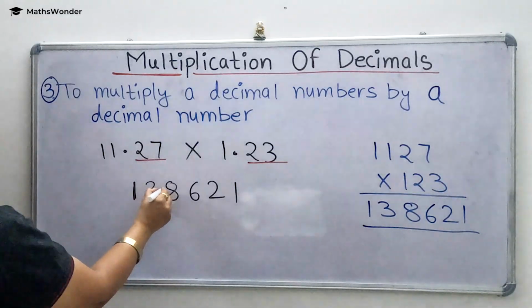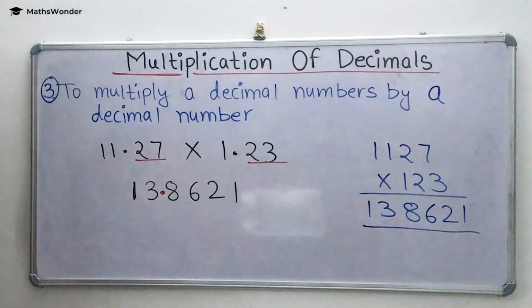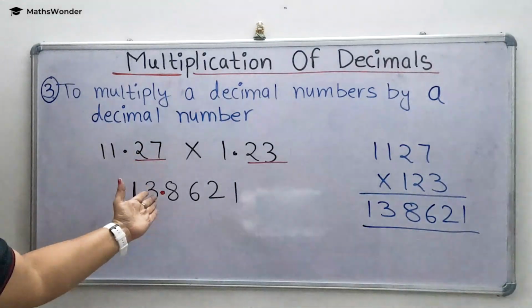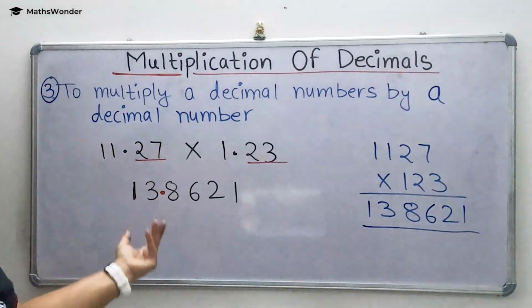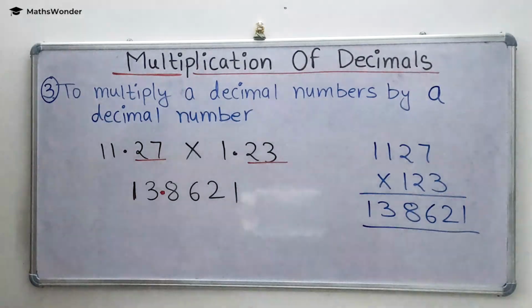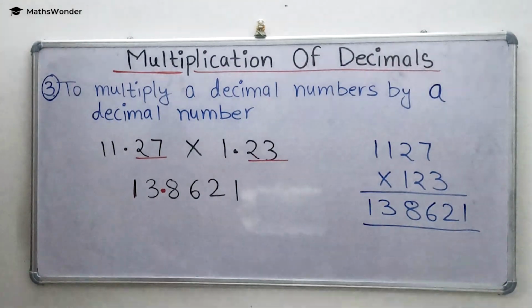After 4 digits you put the decimal point. So start at the right of the product and count places equal to the total number of places and put the point. This is your answer.